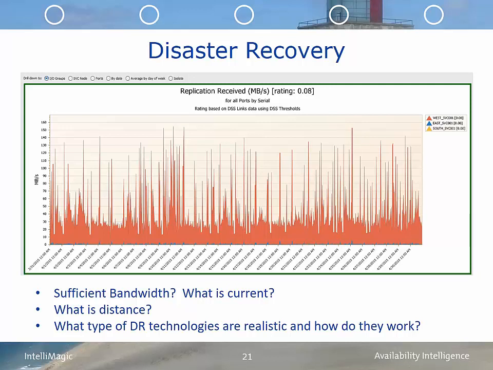Using IntelliMagic Vision to monitor your disaster recovery and IntelliMagic Direction, which allows you to model different types of disaster recovery conditions, gives you a really good handle on what you'll need and what you should plan for in terms of bandwidth and what you can expect in terms of RPO and RTO.